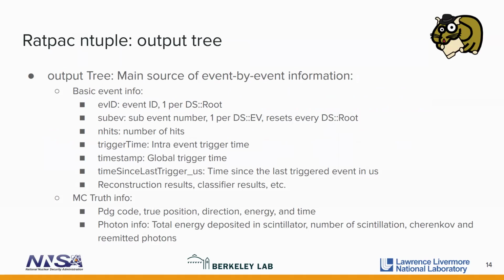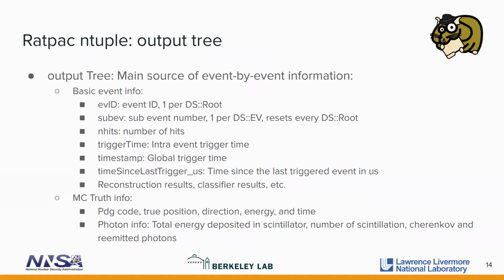Then you have the output tree, which is the main tree that you'll be looking at. It contains all of the event info. One thing that I think is probably worth mentioning: the event ID is numbered one per DS root object. And then you have the sub EV, which is numbered one per DS EV, starting at 0 and incrementing for every EV within a root object, and then resets back to 0.